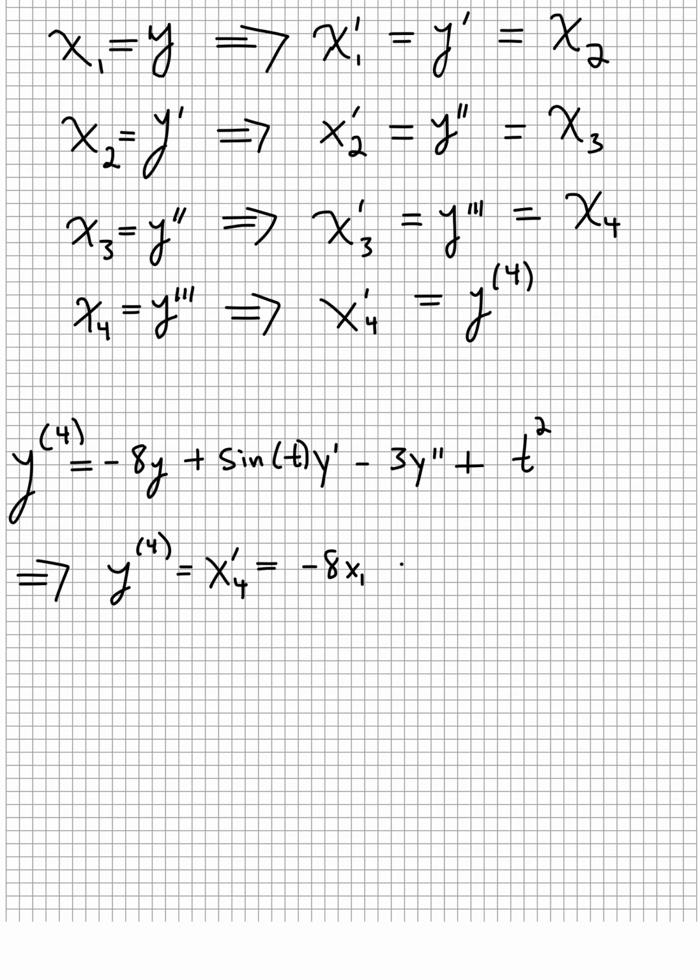Plus sine of t times x2, and then minus 3x3 plus t squared. So there it is. That is the expression that we need for x prime 4. Now it's just a matter of writing out the system correctly along with the true initial conditions.